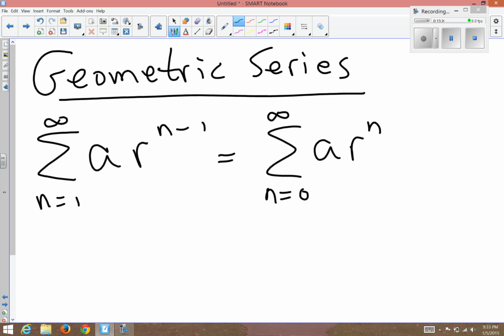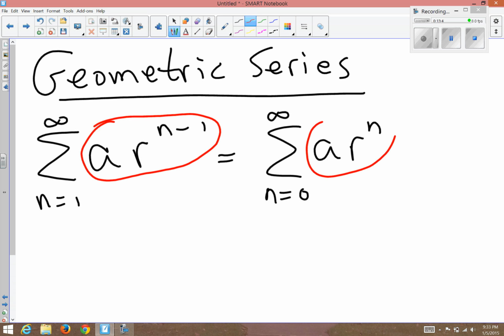Think about how these are exactly the same thing. If you make 1 the starting n value, this will be a times r to the 0. If you make 0 the starting n value, then this will be a times r to the 0 also. And all the terms will be the same. These are two different ways to write the same thing.